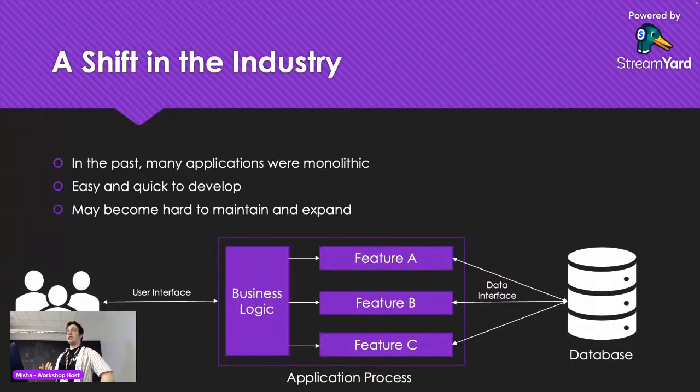So the problem here is that it's often hard to maintain. People might be working on different features and they might collide. One person rarely changes something in feature A without causing breaking changes in feature B. In addition, it's a bit harder to expand.